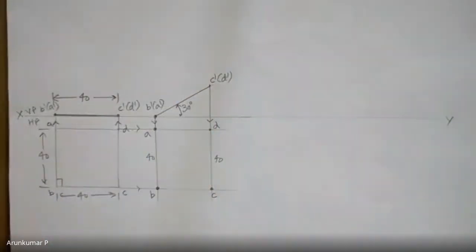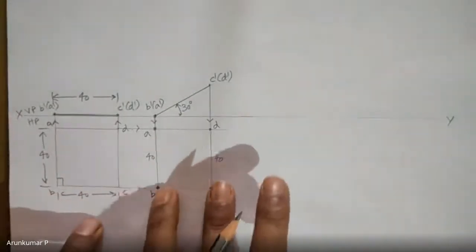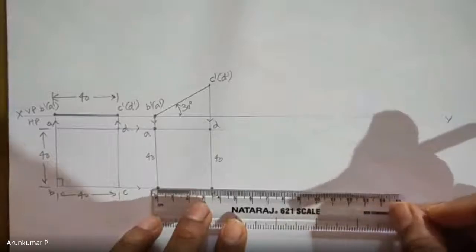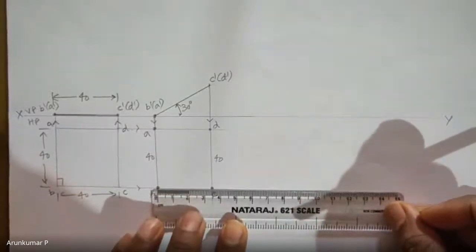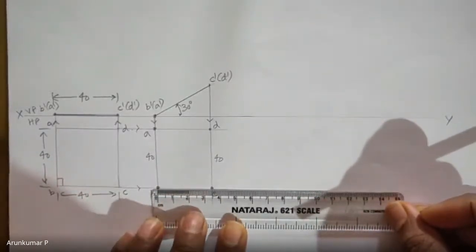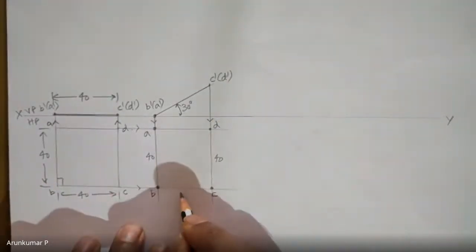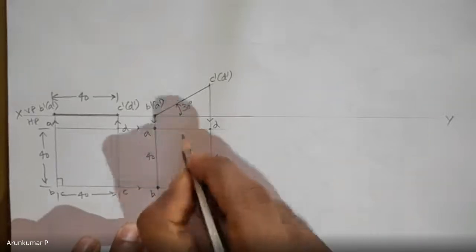What is the length of BC and AD? Please measure and find out. Is it still 40 or has it increased or has it decreased? So according to me, it has become around 35 mm.